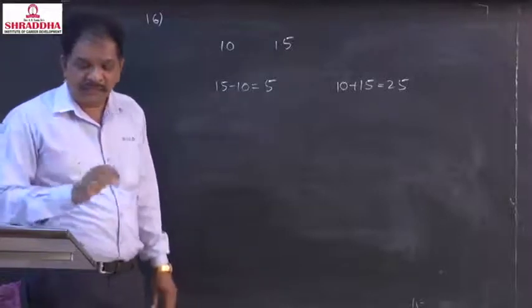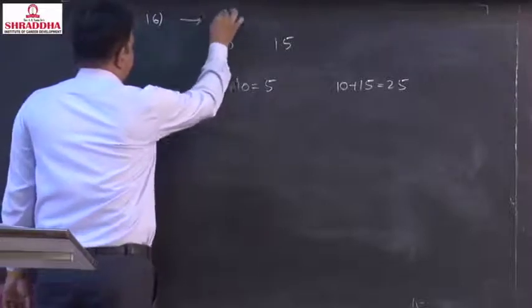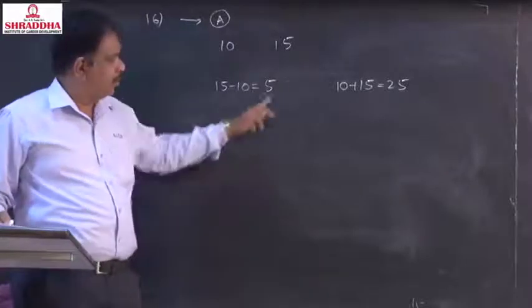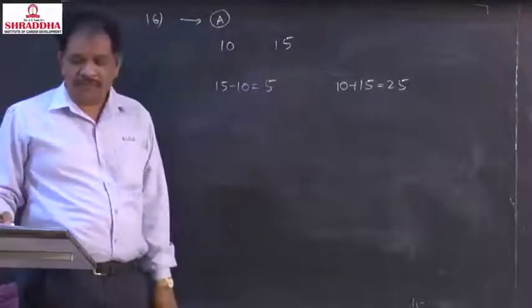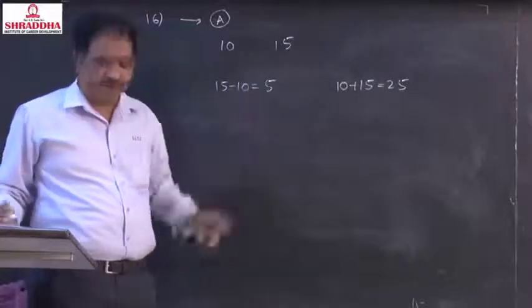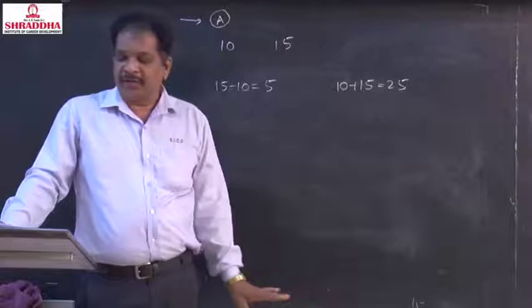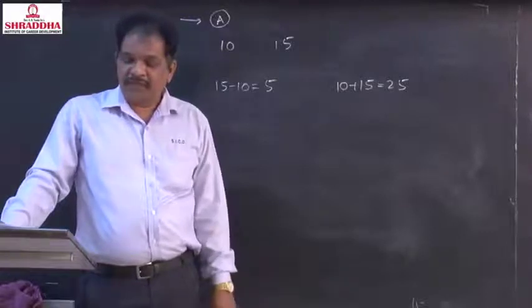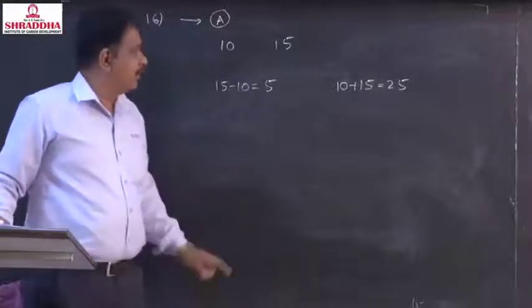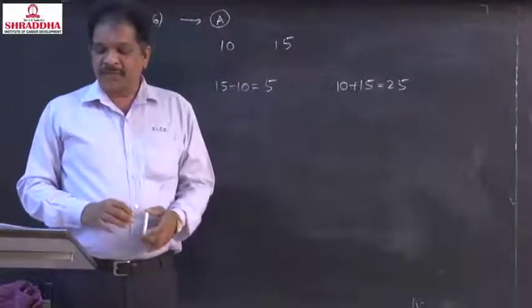So 28 will be the answer for this. 16, it will be A. They gave 28. It is not possible because maximum value is 25 only. 22 is possible because 22 is in between 5 to 25. 18 is possible. 8 is possible because it is in between 5 and 25. So 28 we can't get using the vectors of magnitudes 10 and 15. So 16 first option will be the answer.